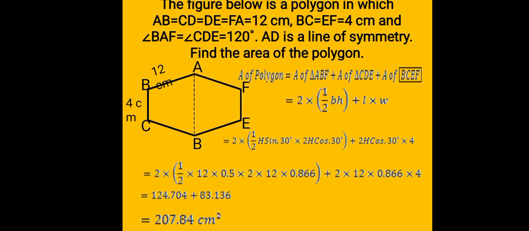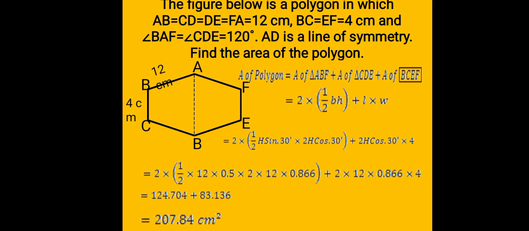Now, the area of the polygon is equal to the area of triangle ABF plus the area of triangle CDE plus the area of rectangle BCEF. Now, this is because triangle ABF and triangle CDE are equal.